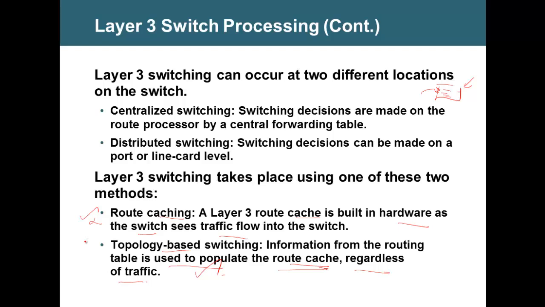Next, it started referring to the routing table and building the cache memory. That also wore out, again the same limitation, the hardware limitation. It was not popular, and it does not change dynamically. Whenever a route changes in the routing table, the cache takes a lot of time to get updated. That is another drawback.